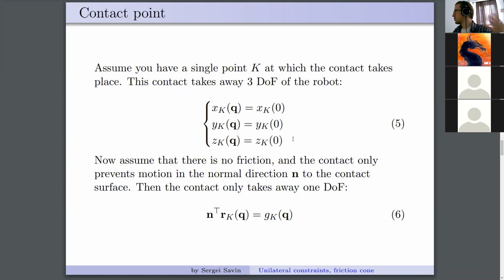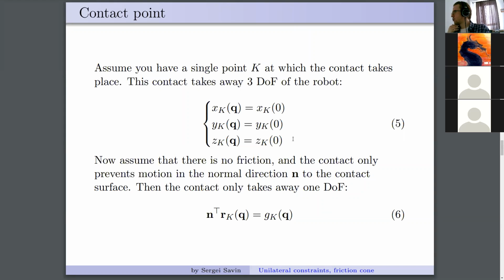So as n transpose rk, where r sub k is the position of the point k, the radius vector, as we call it in Russian textbooks.